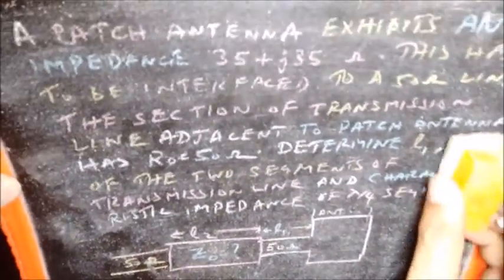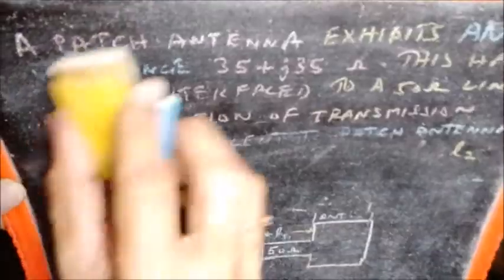Now that we have this diagram, we can have the whole thing converted to a more familiar model so that the solution becomes easy. The more familiar model is this.